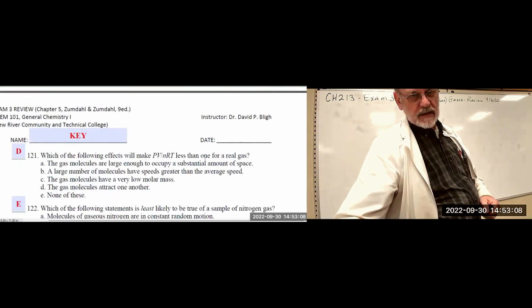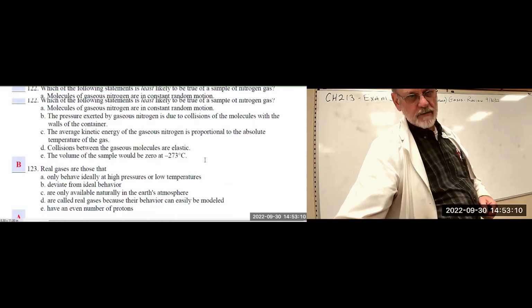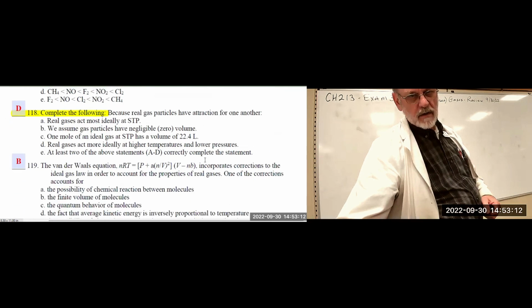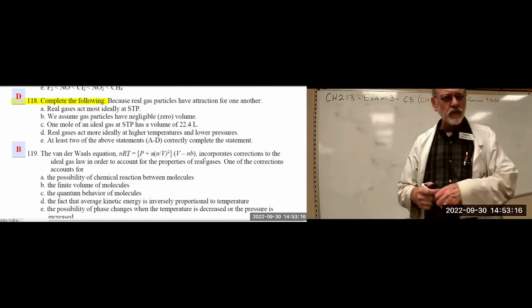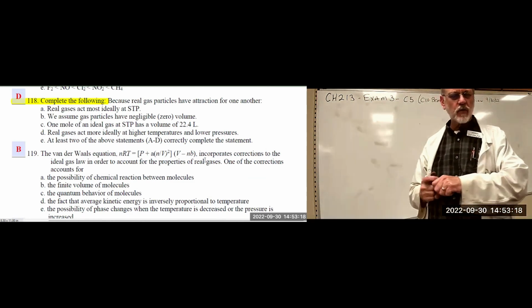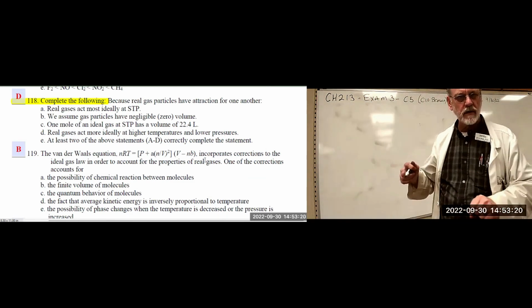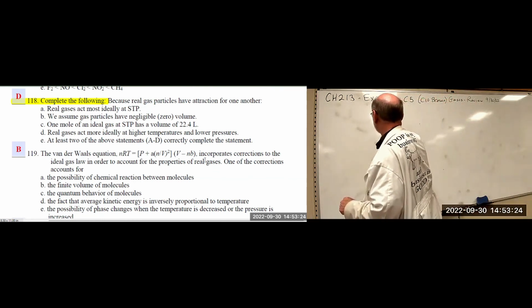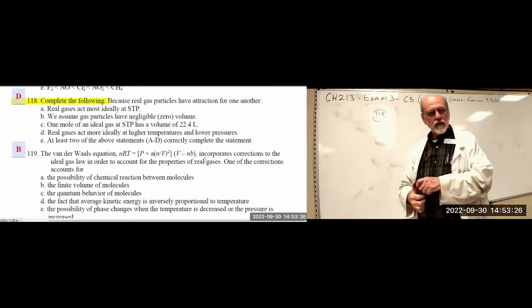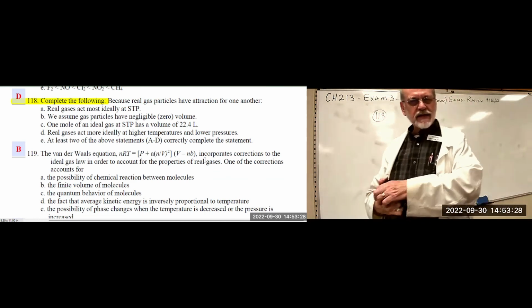Am I getting close? I got a few more. Because real gas particles have attraction for one another. Real gases act most ideally at STP.